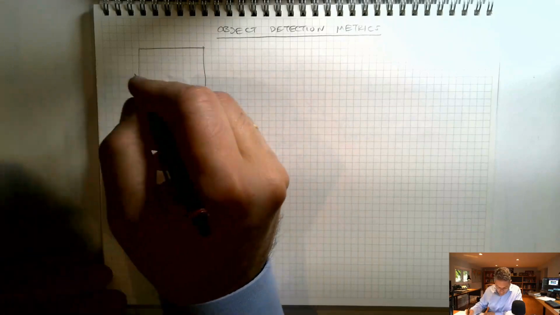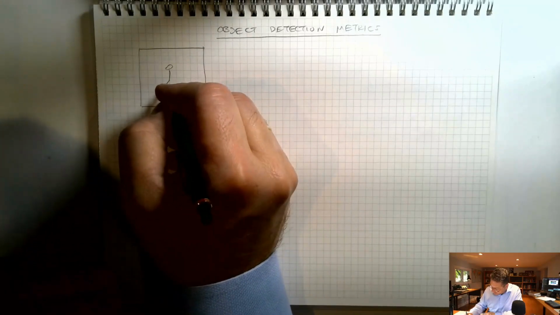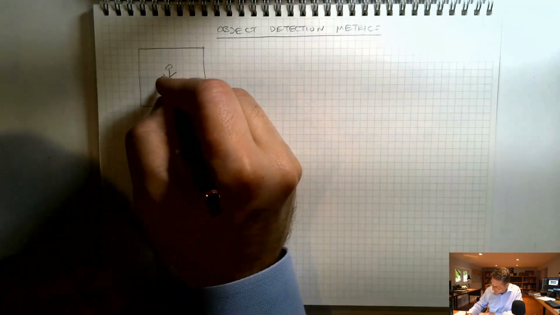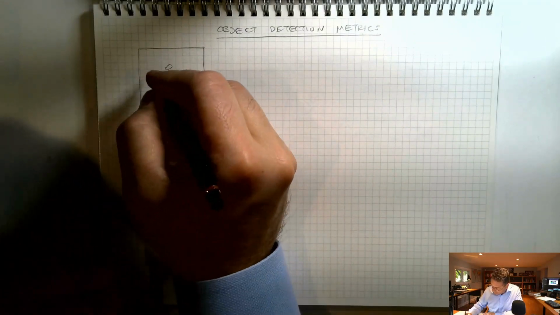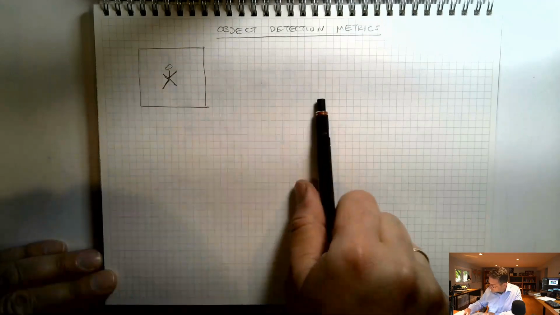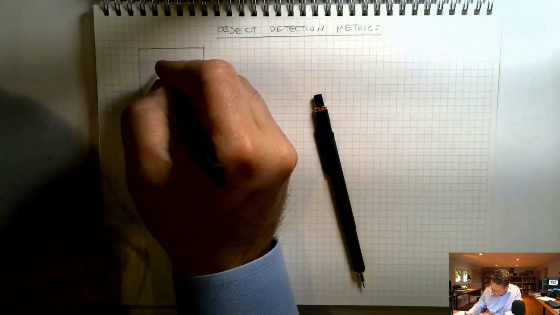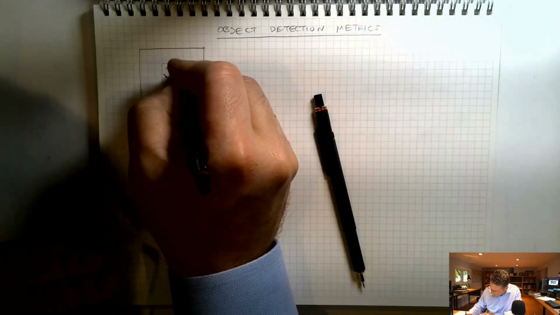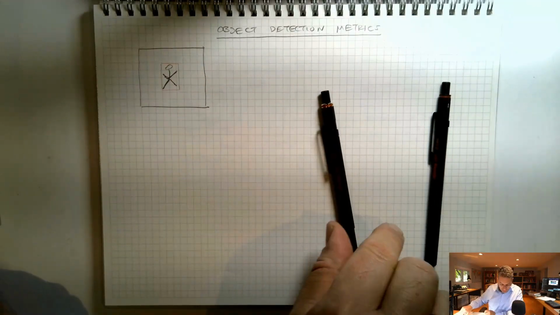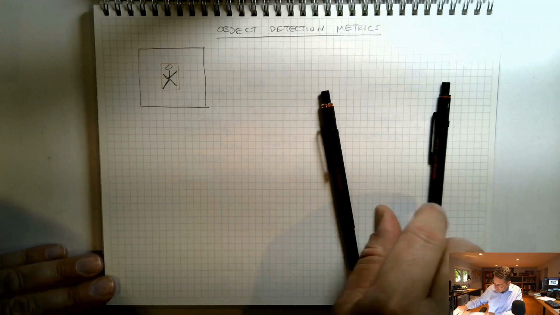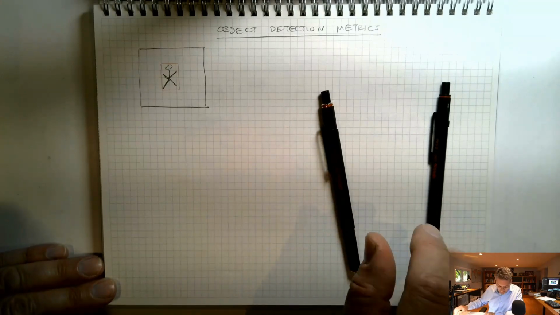So I'm just going to draw here an image. I'm going to use the person class as the class of interest here. And the dataset will always contain a bounding box around this object. This will be, in red, the ground truth.